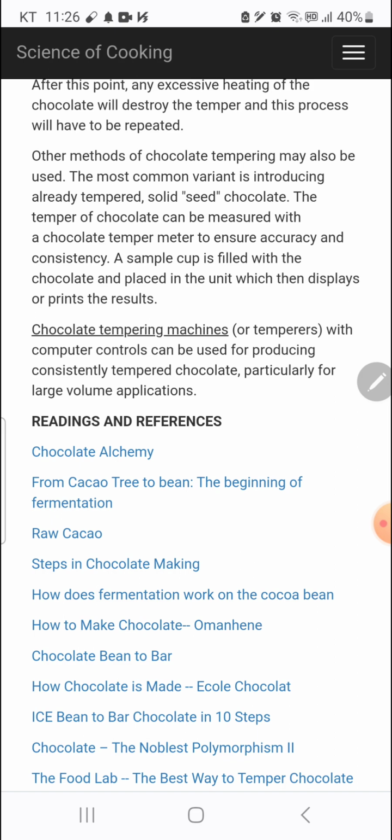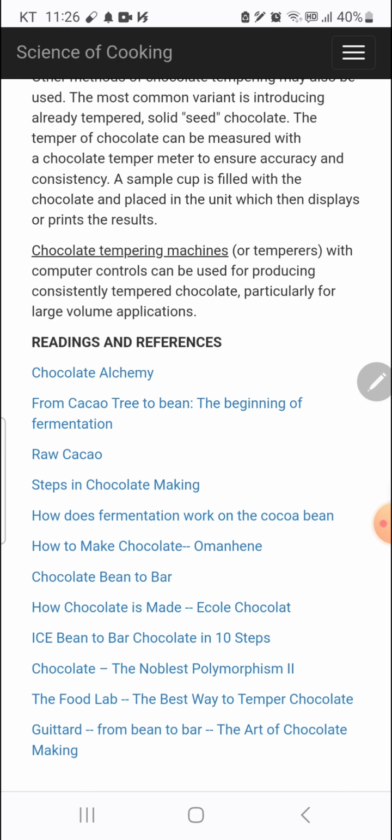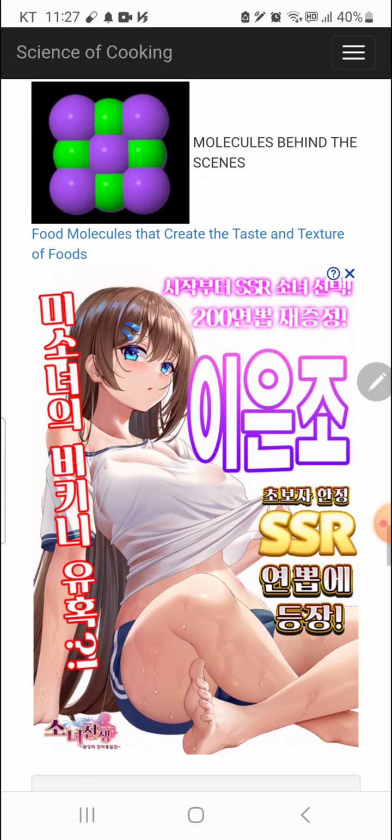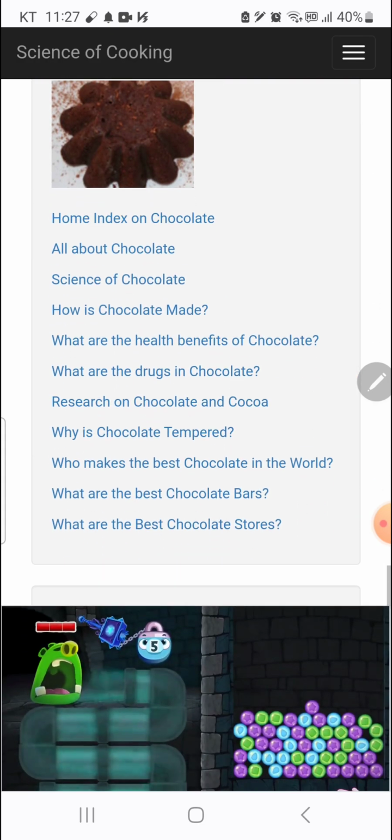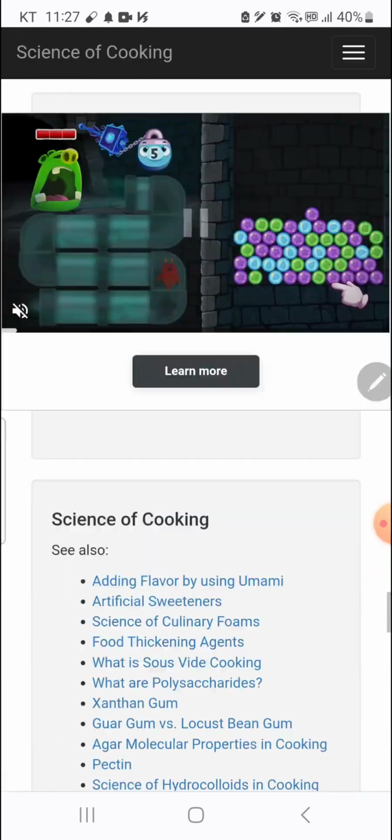A sample cup is filled with the chocolate and placed in the unit, which then displays or prints the results. Chocolate tempering machines or temperers with computer controls can be used for producing consistently tempered chocolate, particularly for large volume applications.